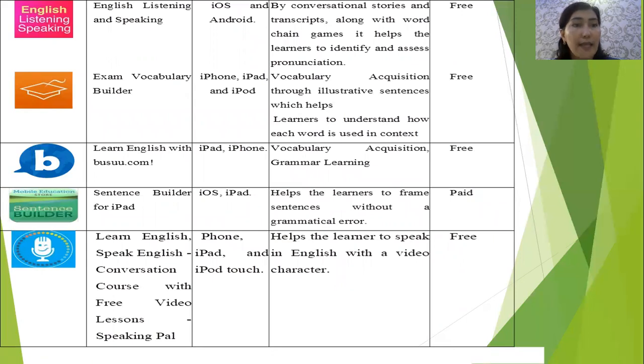So English Listening and Speaking app is also free, where most students use this app, and Exam Vocabulary Builder is also free. So here you can learn different vocabulary through illustrative sentences, which helps learners to understand how each word is used in context.